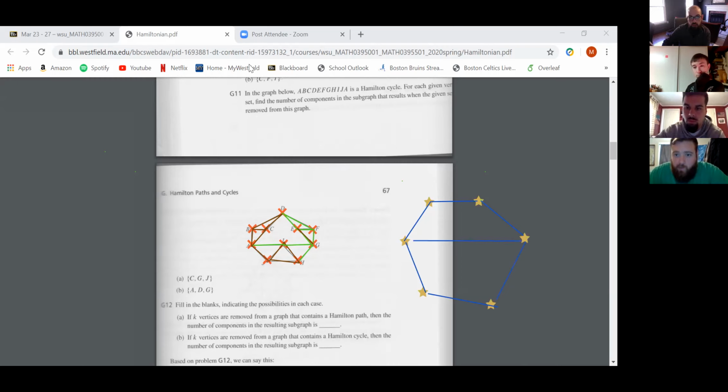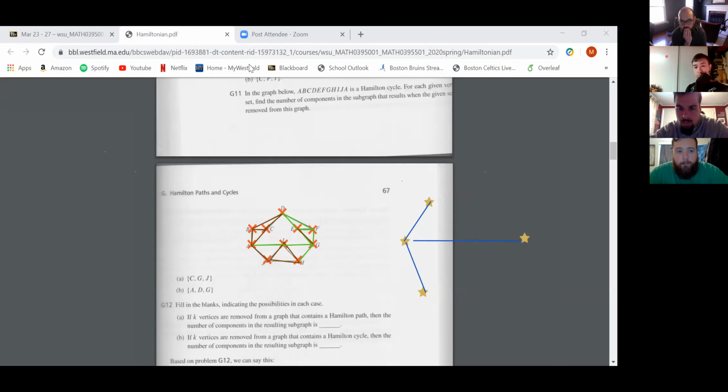Even if my vertices aren't adjacent, if I delete this vertex and then this vertex, we're still connected. We're still one component, even though they weren't adjacent. So you can have these additional edges in here that keep your graph connected, and without knowing more about the graph, you're just not going to know whether these edges are here or not.